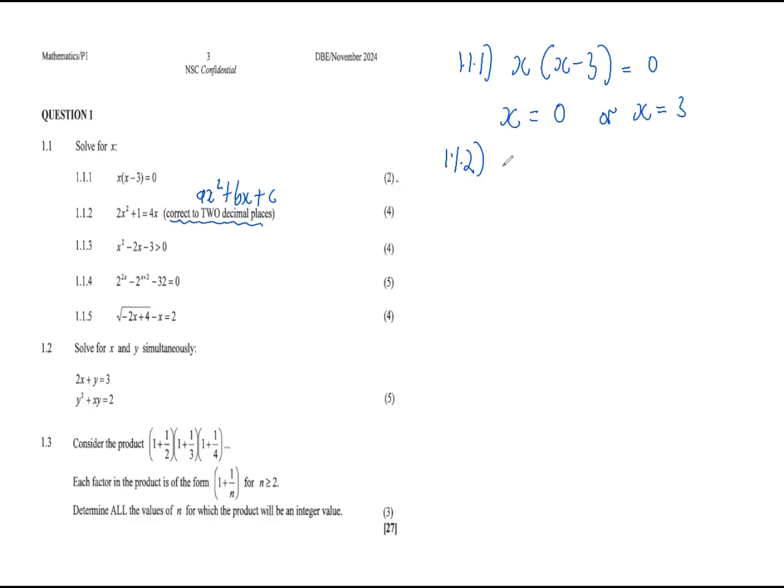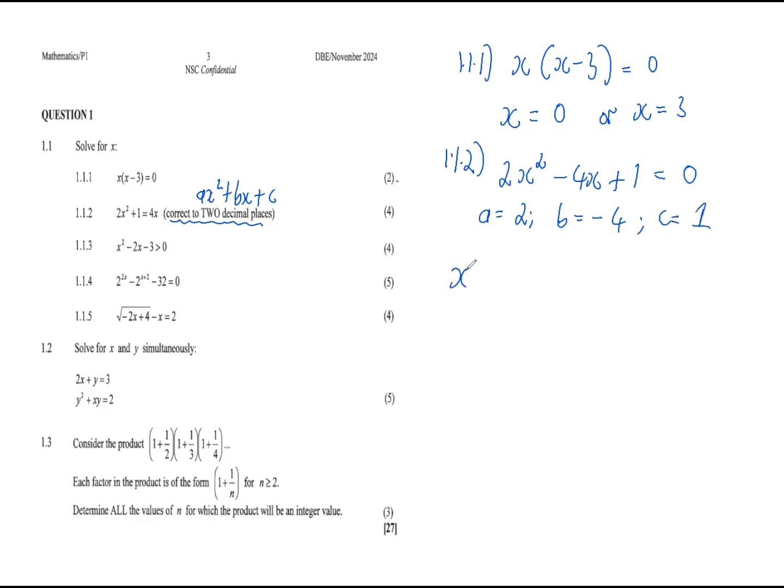So we write it as 2x squared minus 4x plus 1 equals 0. Now your a value is the coefficient of x squared, your b value is the coefficient of x, and your c value is the constant 1.